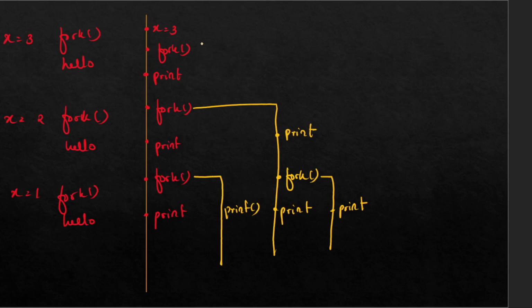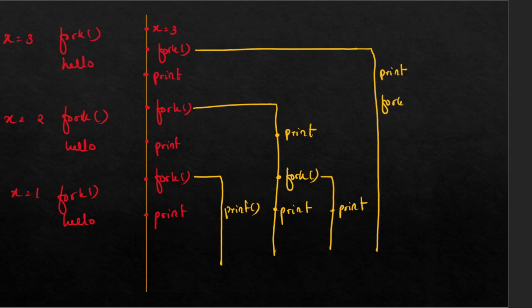For this fork call, print will happen, after that fork is there, again print is there, again fork is there, and again print is there.